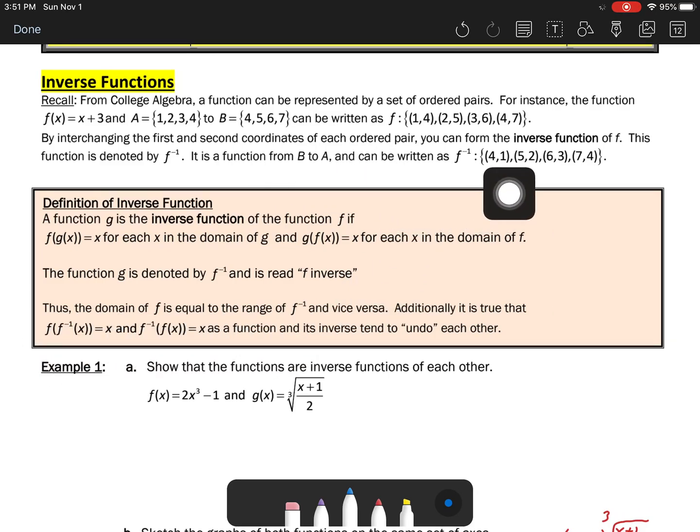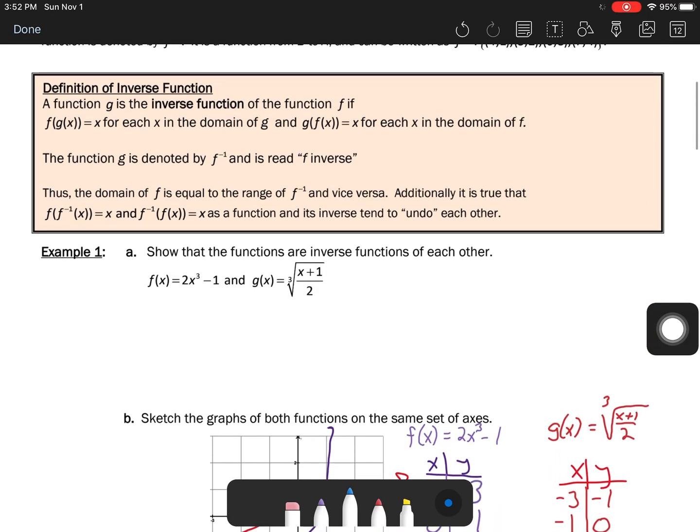You can see they switch spots: where we had 1, 2, 3, 4 as the domain, on the inverse 1, 2, 3, 4 are now the y coordinates, making it the range. So f of f inverse yields x, and f inverse of f yields x, as they tend to undo each other.